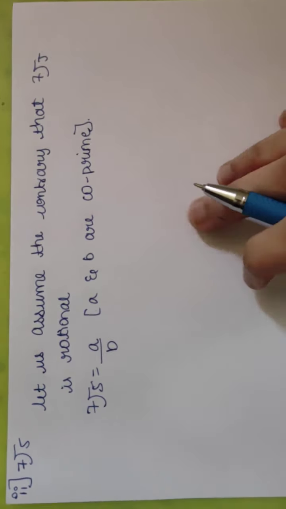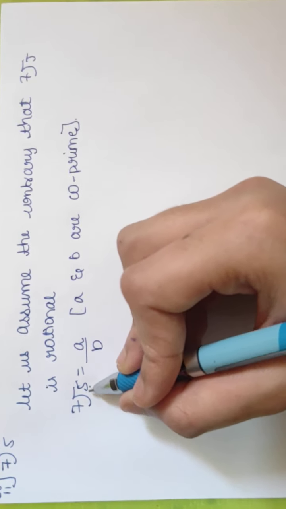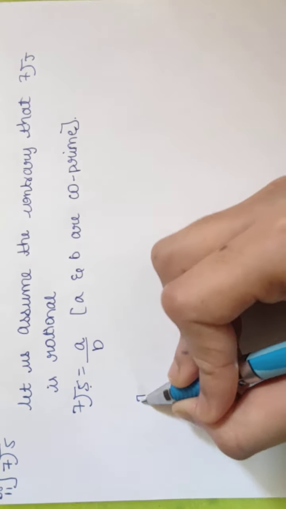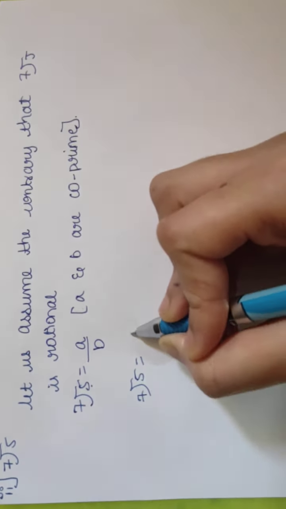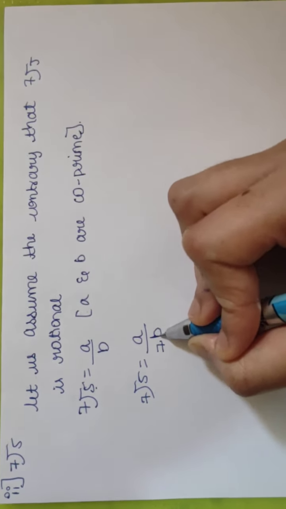Now here 7 is multiplied by root 5. So if 7 goes on the other side, it becomes a divided by 7b.